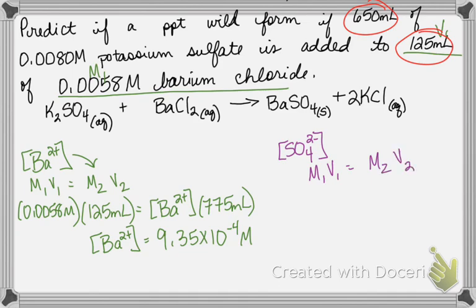So M1 is 0.0080 molar because it's the potassium sulfate. V1 is 650 milliliters. M2 is going to be my sulfate, and V2 is still 775 milliliters.